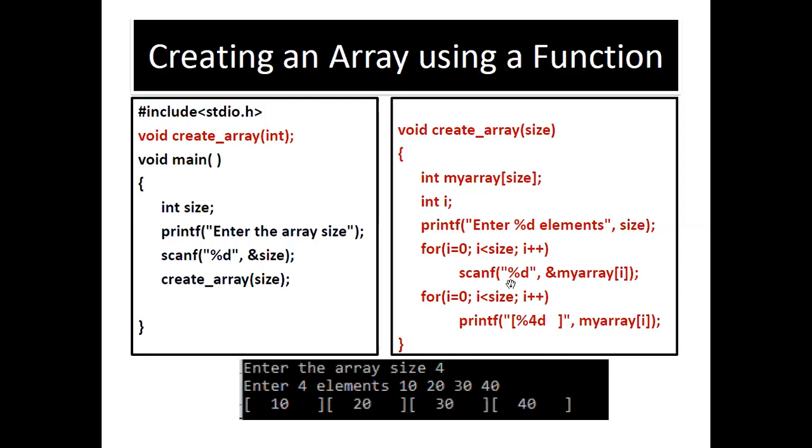Then you scan the values with the help of the address of my array. So my array has the 0th location or 0th index, first index, second index, third index. And finally you print the values just for a proper output. As you know, with %4d, we are going to print my array with 4 spaces.